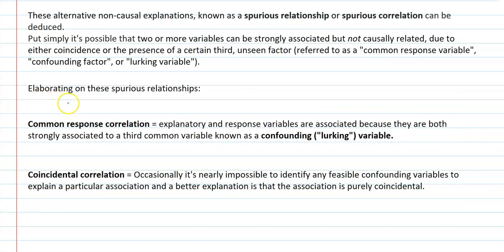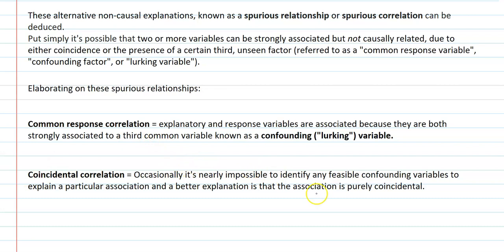If we elaborate on what these spurious relationships mean, a common response correlation looks at explanatory and response variables being associated because they're both strongly associated to a third common variable, known as a confounding or lurking variable. The other reason may be simply a coincidental correlation.